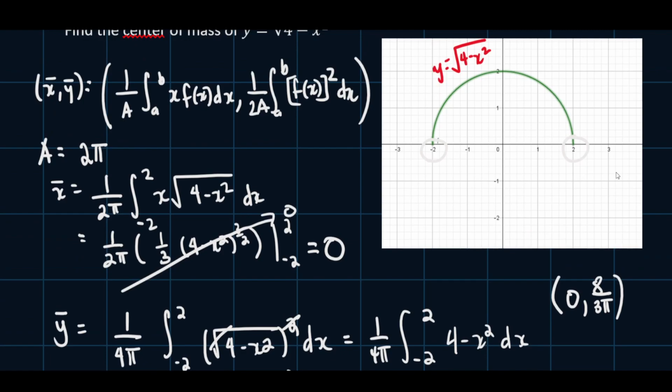Okay, so 0, 8 over 3 pi will be located somewhere here. It's less than 1. As you can see, it's fairly in the middle of our semicircle, so maybe somewhere here.